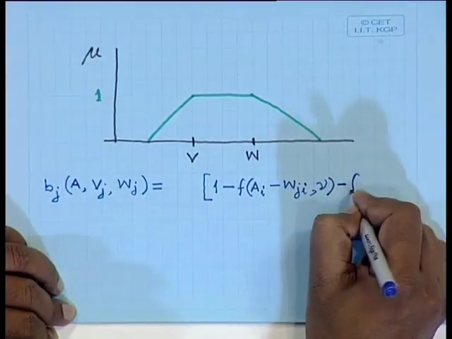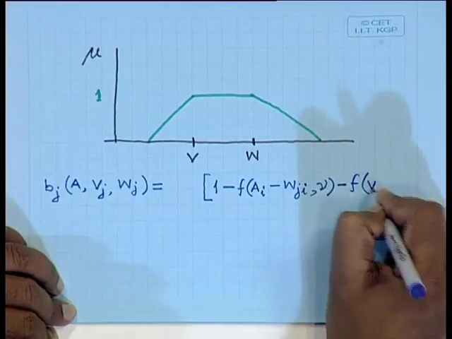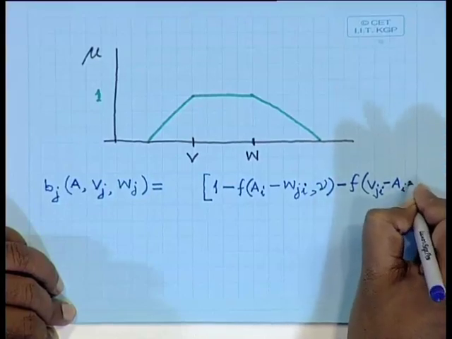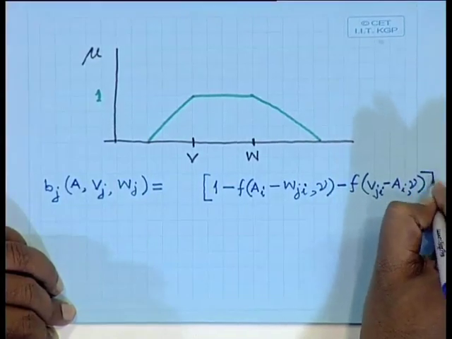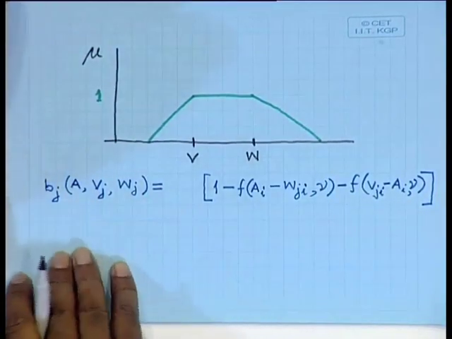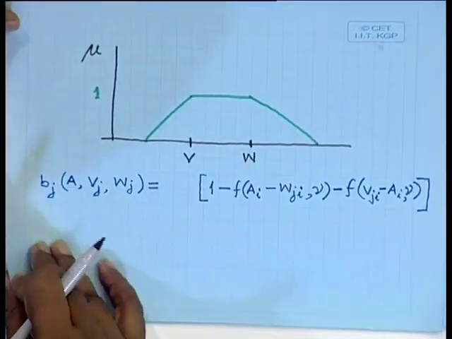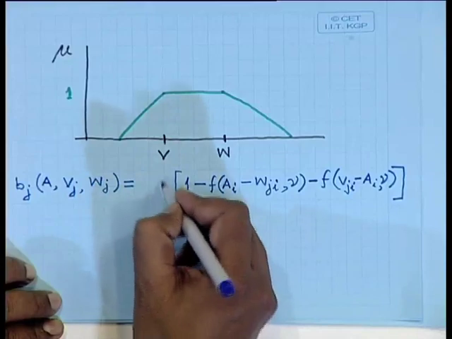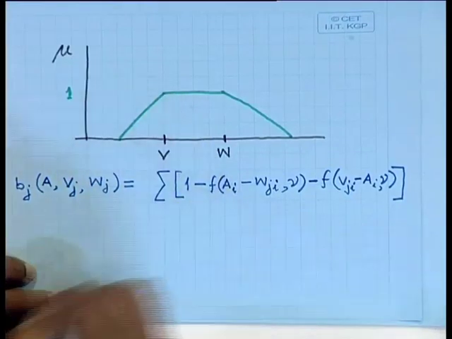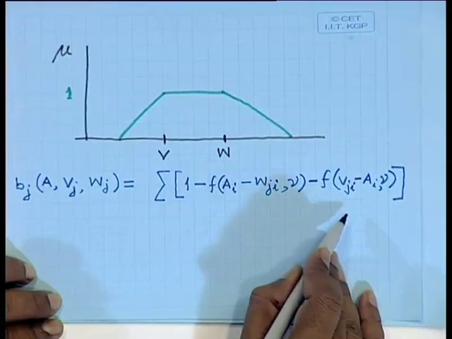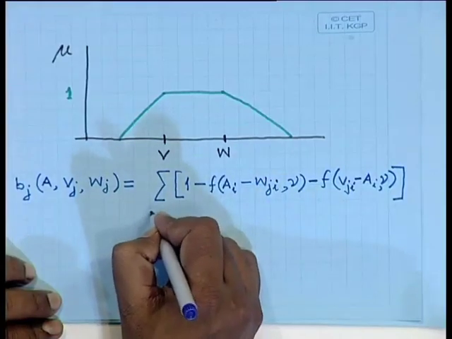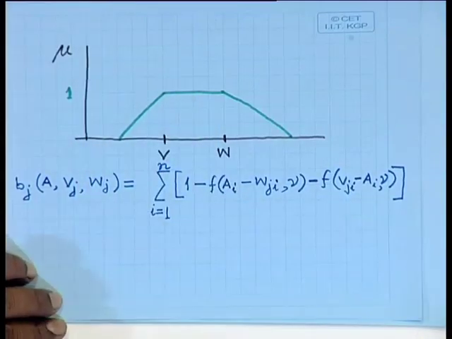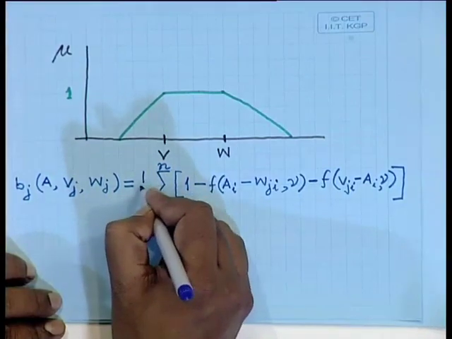Minus f of v j I minus a I and the term gamma. It is going out of the screen, right. So, like this, take the summation of this, because I have n different dimensions and this I am representing in the ith dimension. So, I have to take the summation of this for I equal to 1 to n to consider all the dimensions and take the average.